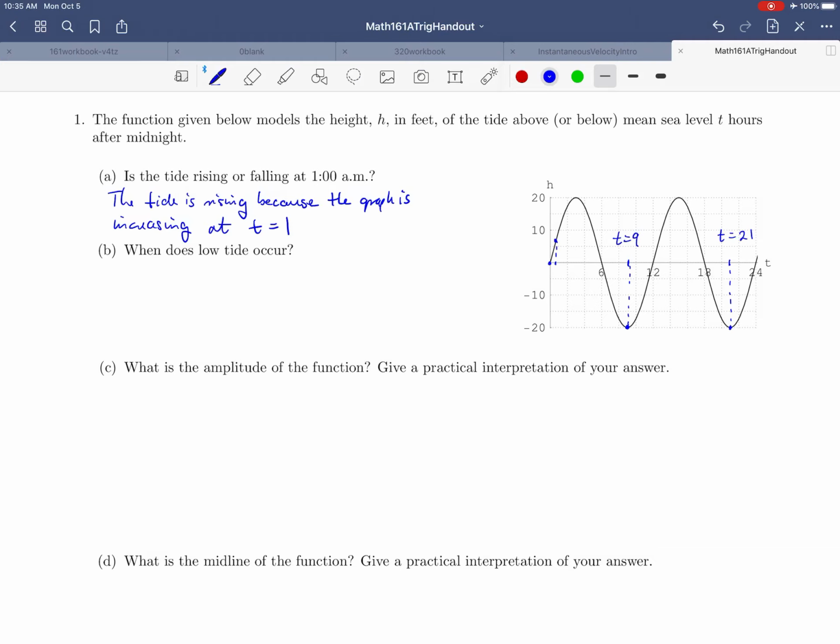So that is about 9 a.m. and 9 p.m. So low tide occurs at 9 a.m. and 9 p.m.